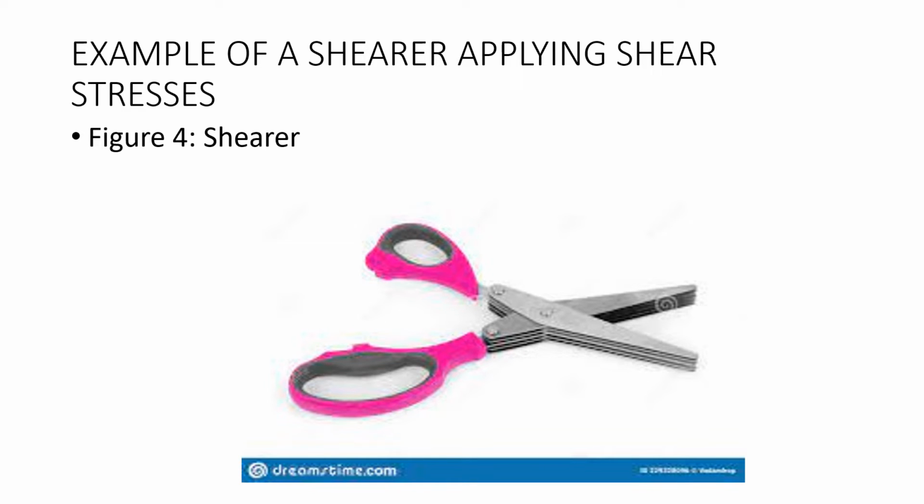This is called a shearer because it tends to shear apart. If you want, for example, to tear apart maybe the feathers of a sheep, or you want to tear apart something else, this is called a shearer. So this should enable you to understand what shear force is. Shearing, shear force.